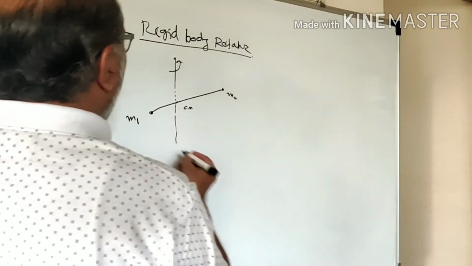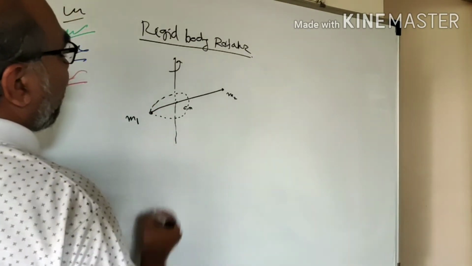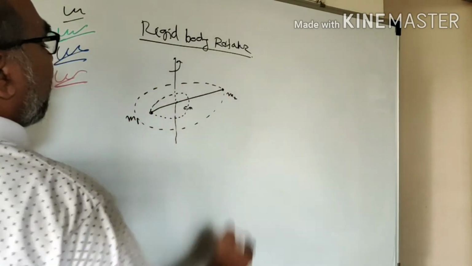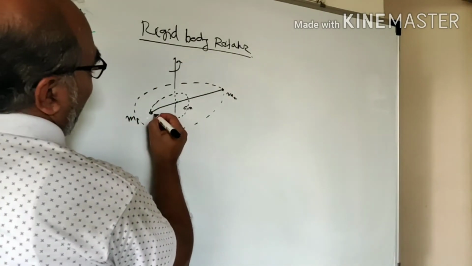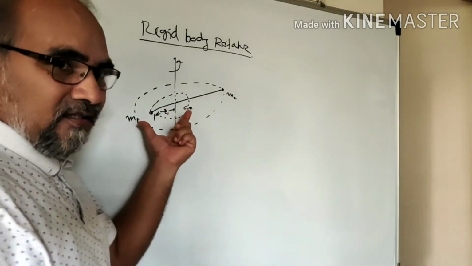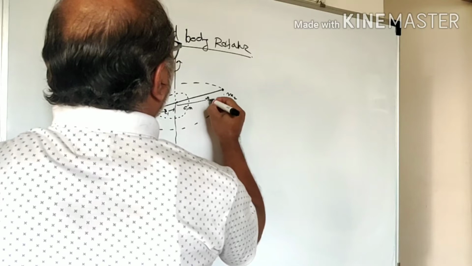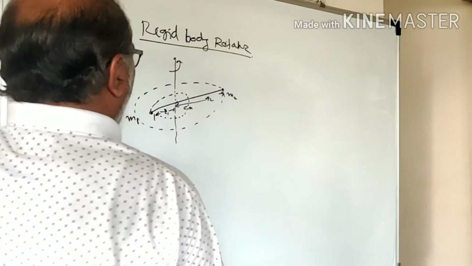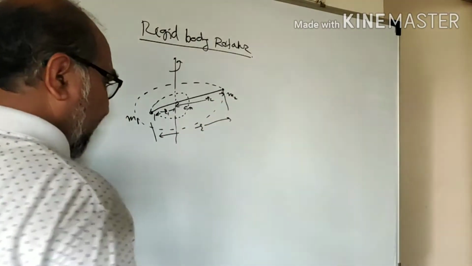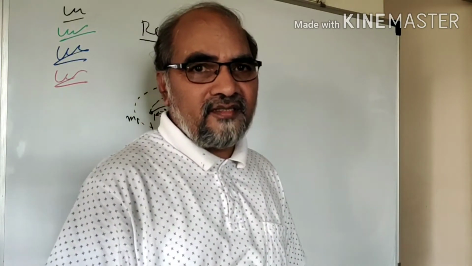So M1 is rotated along this path, and M2 is rotated around this, and therefore R1 is the radius of rotation about the center of mass, and R2 is that of the second mass, and one more is R, the distance between the two particles.